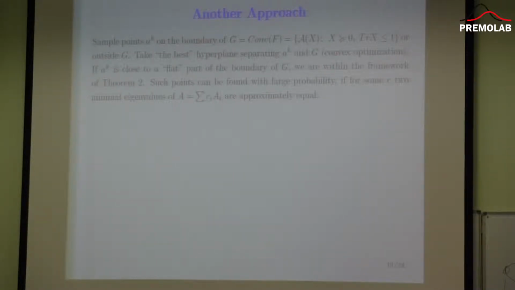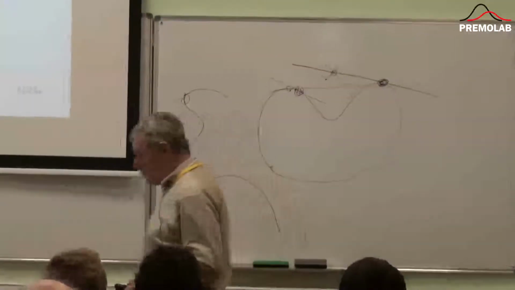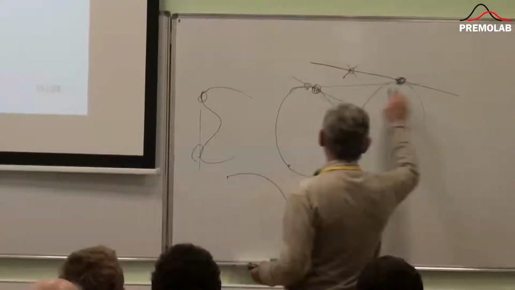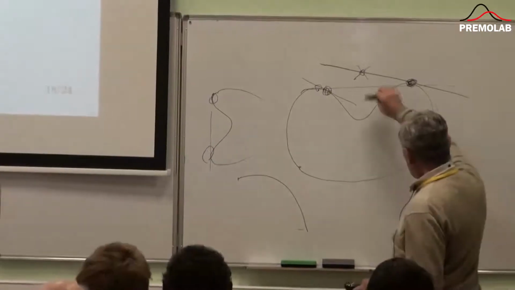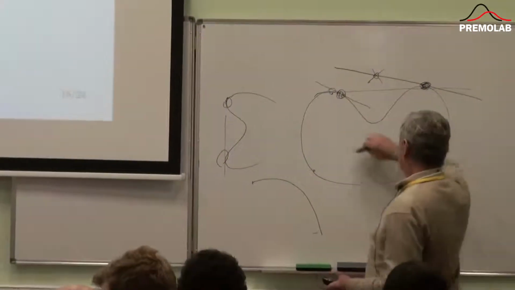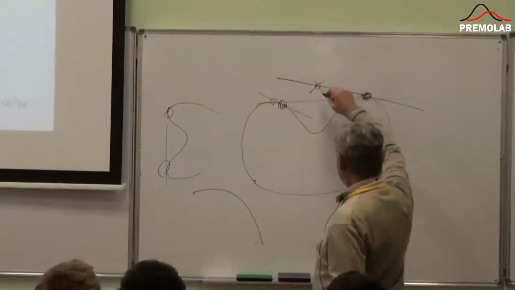They are not equal, but we take the two corresponding eigenvectors, and roughly speaking, it is this point, and then we can easily construct geometrically this point, which is very close to our set, our convex hull, but it's outside.